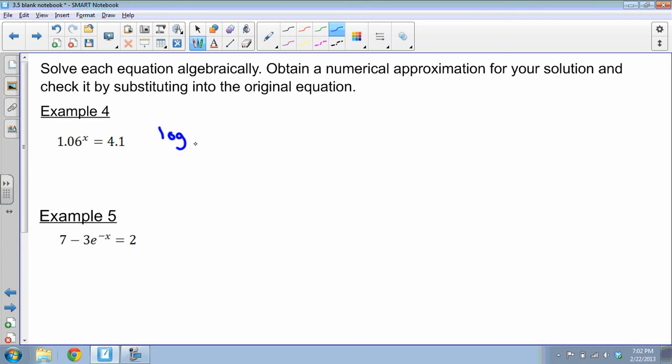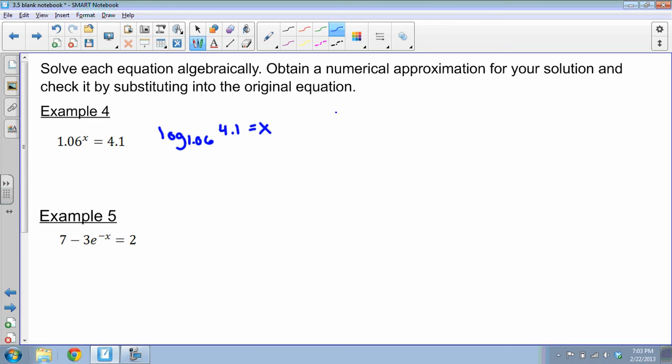Normally, if it's an exponential equation, you're going to somehow have to use a logarithm, or not necessarily have to use it, but that's going to be one way to do it. So if I rewrite this as a logarithm, I get log with a base of 1.06 of 4.1 equals x.